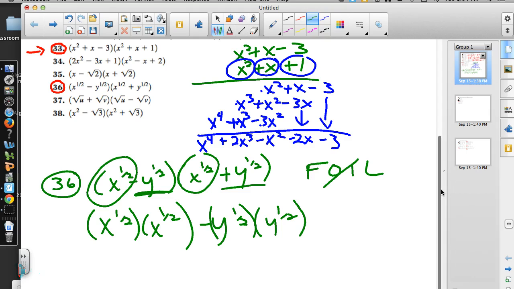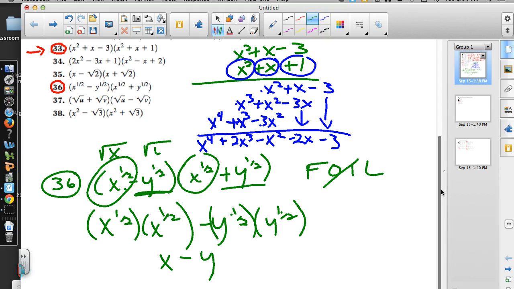Well, when you multiply similar bases, you add the exponents. So 1/2 plus 1/2 will give us 1x, and 1/2 plus 1/2 will give us 1y. Now, what we don't want to lose track of is the fact that these were really radicals. This was x to the 1/2, which means it was the square root of x.